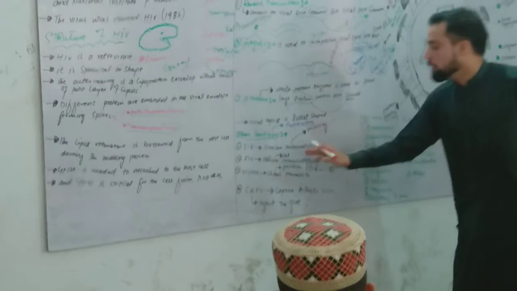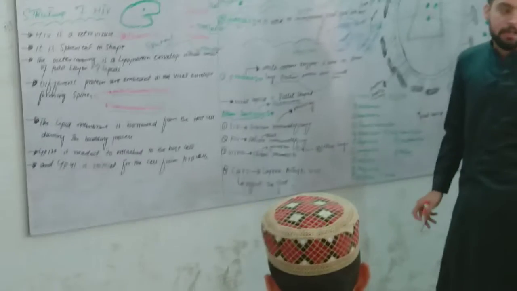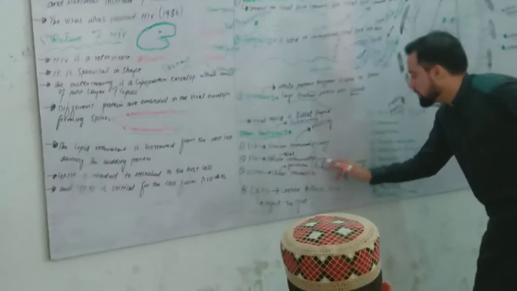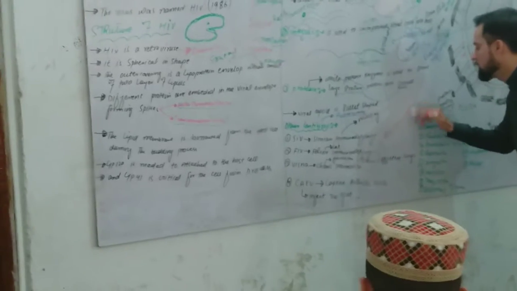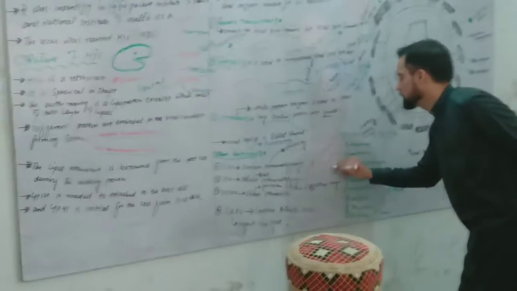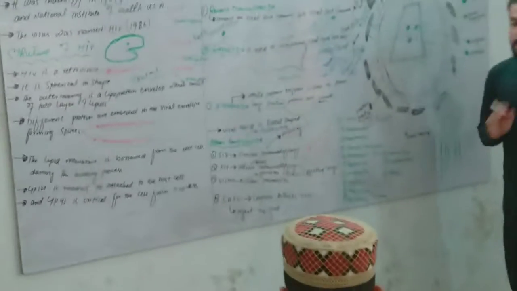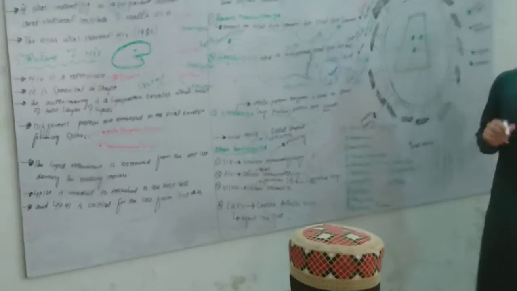SIV viruses infect monkeys. FIV viruses infect cats. Visna causes chronic pneumonitis and brain encephalitis disease. So brain and the other one, infected lungs. And CAEV, caprine arthritis viruses, infect the goat.